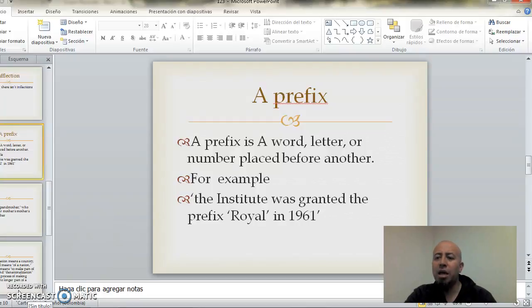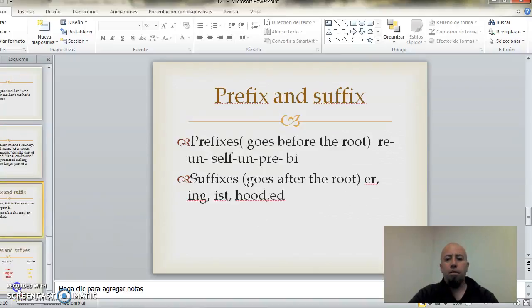Prefixes typically maintain the word class, noun, verb, adjective, etc. Modifying suffixes oftentimes change the form entirely, as is the case with, for example, exploration compared to explore. Okay, prefix and suffix, or prefixes and suffixes.